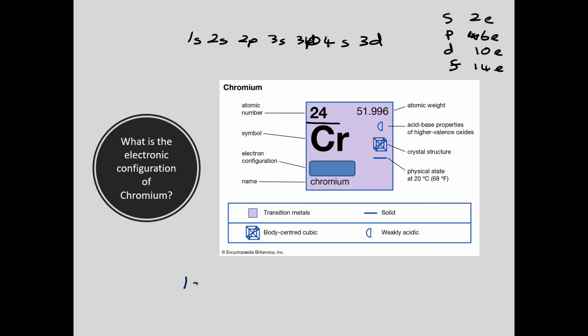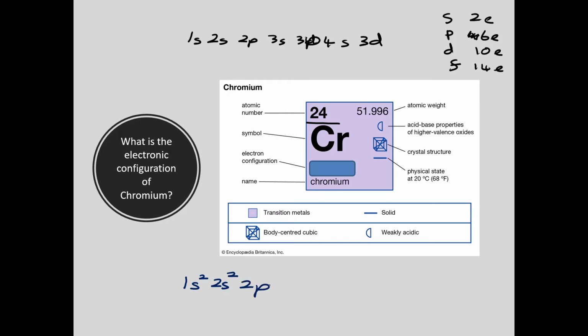The first 2 electrons go into 1s, so the 2 means 2 electrons have gone into 1s. And then 24 minus 2, we have 22 more electrons to fill. The next electrons go into 2s. Now we have 4 electrons.